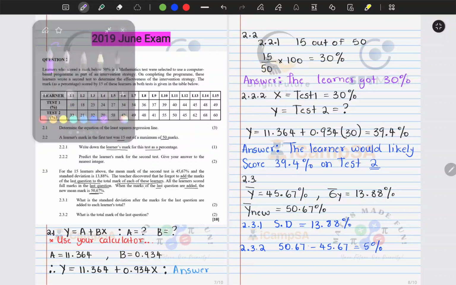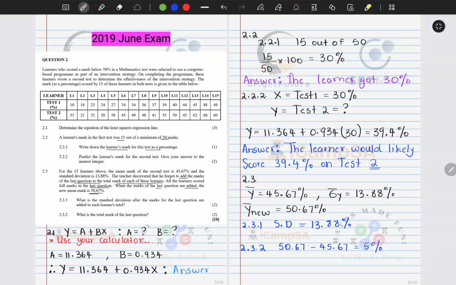So it means the last question contributed 5% to the total mark. The last question was worth 5%.